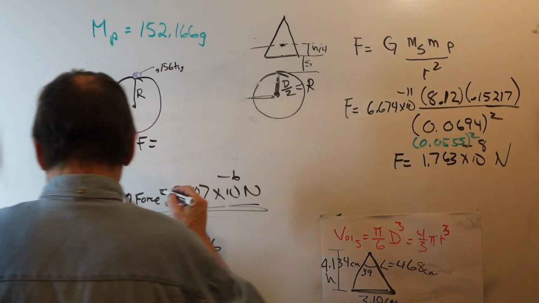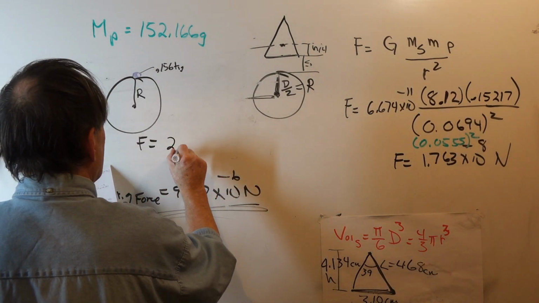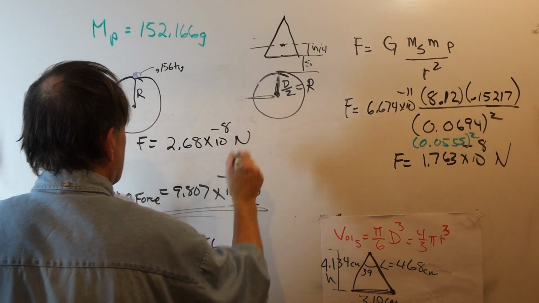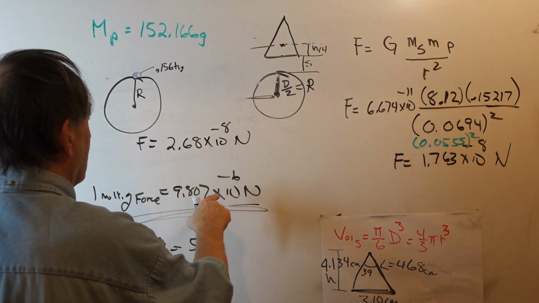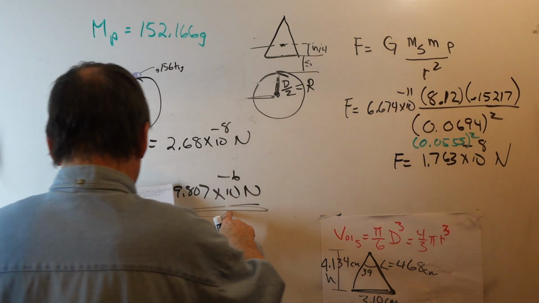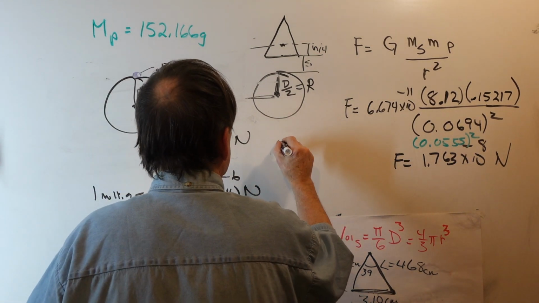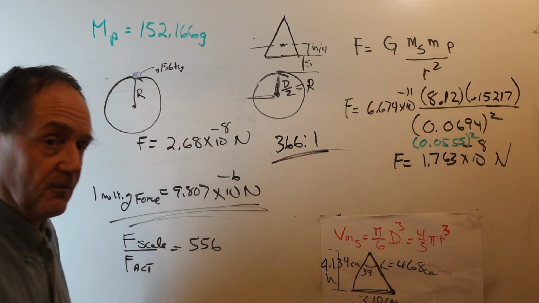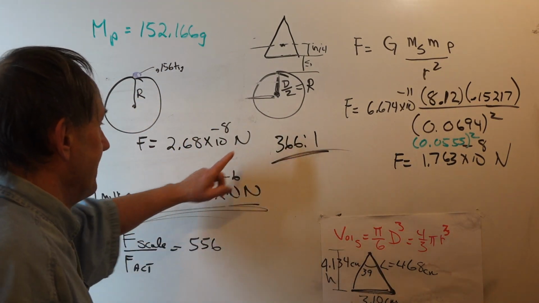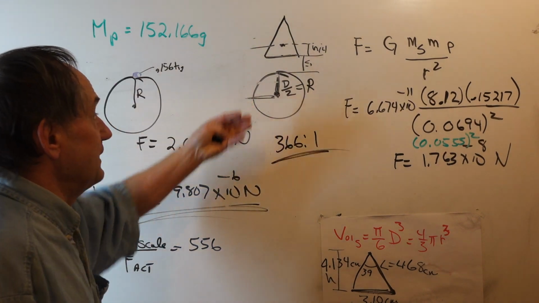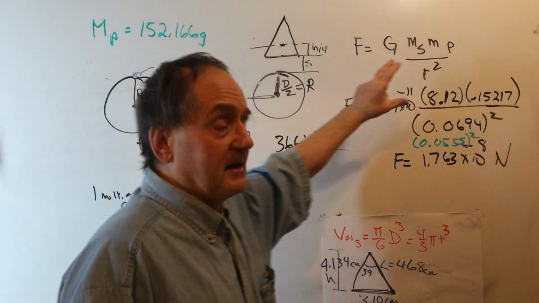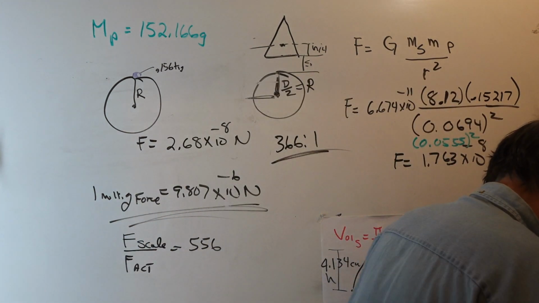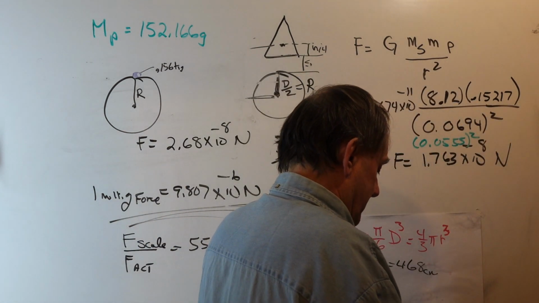And in this case, the force would work out to 2.68 times 10 to the minus 8 newtons. And if we compare that to 1 milligram of force, that ratio then drops to 366 to 1. Still way off by over 2 orders of magnitude. So there isn't any way that that scale could possibly indicate a force change. It's not enough force to be measured with the scale.